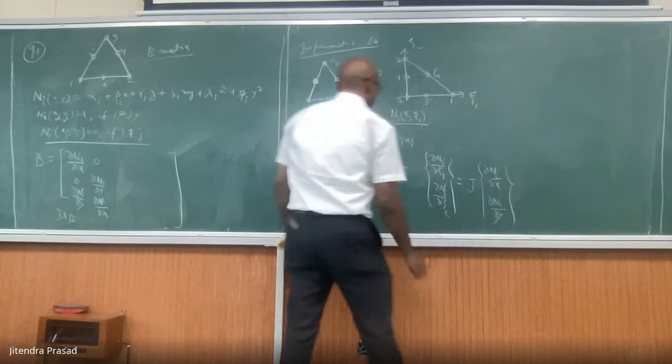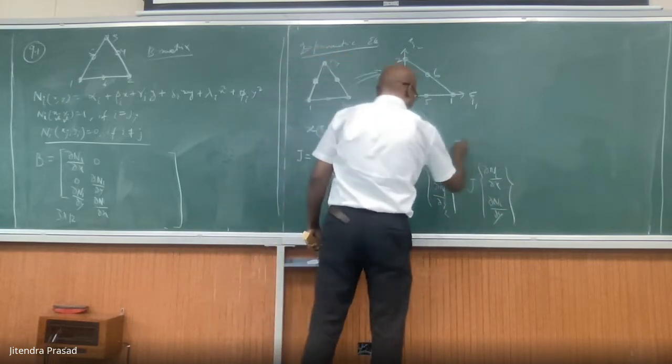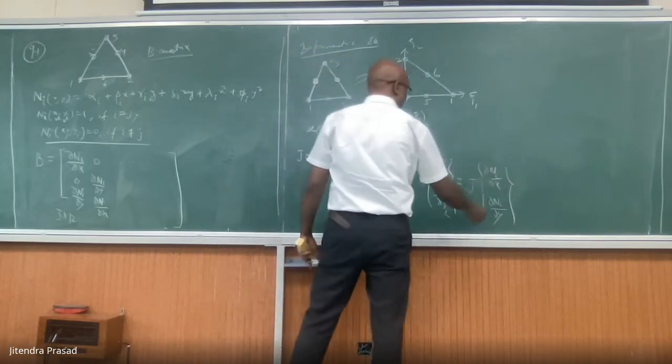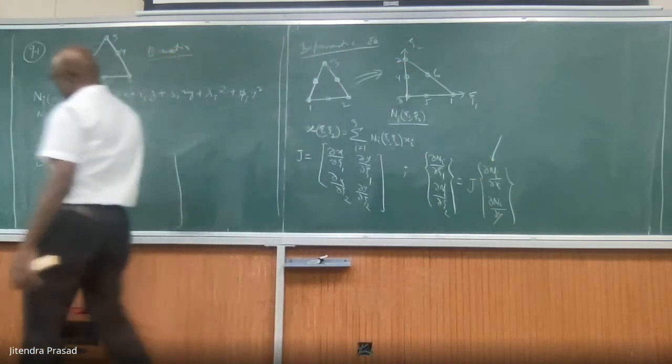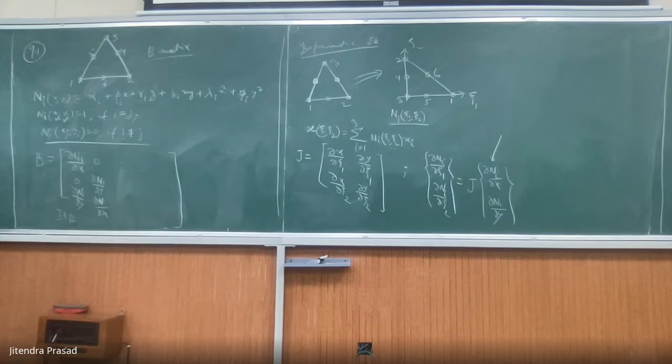You know that, right? So we use this relation to find out the value of x. And this you put back to here to get the matrix. Yeah, so there are two ways of doing this.